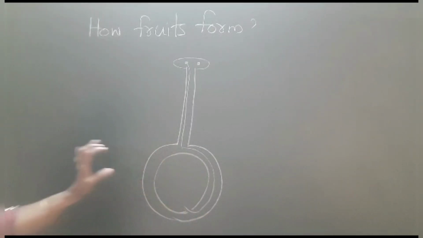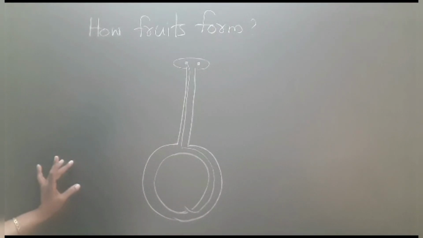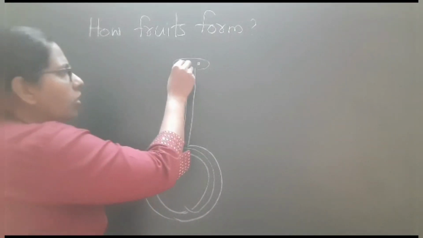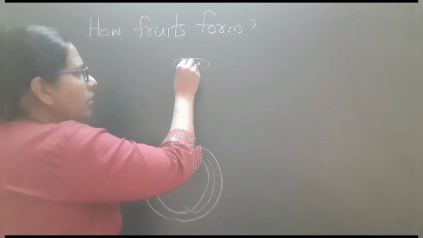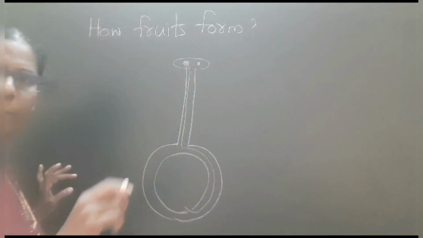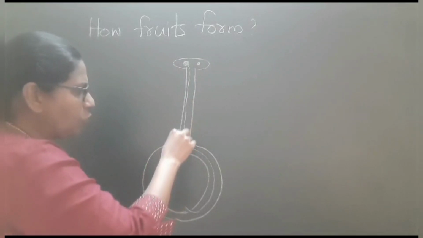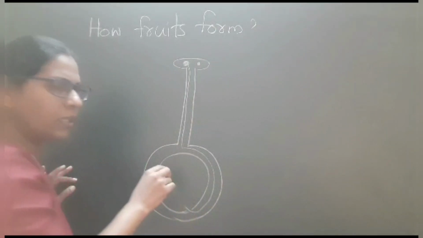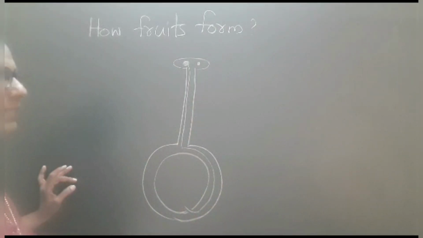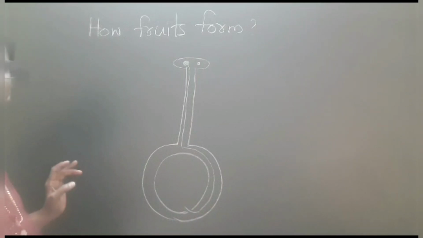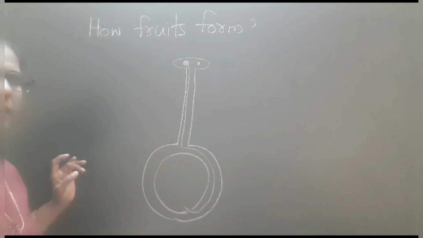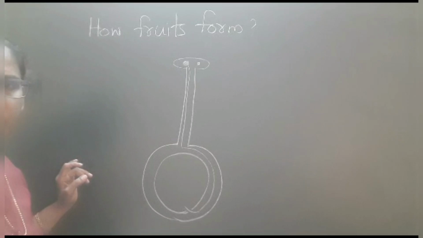Already we learned that in the pollen grain there are two male gametes. The male gametes pass through the tube and come to the ovule. There the female gamete fuses with them and then a seed forms.